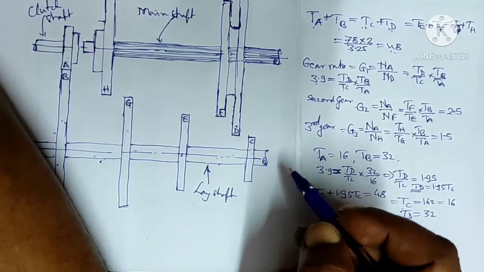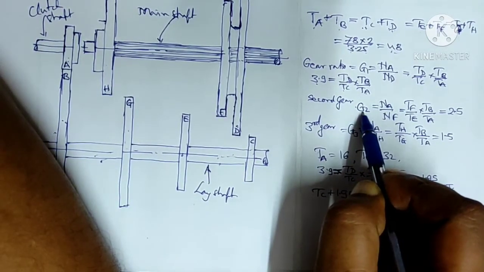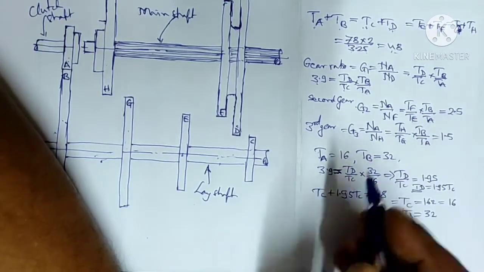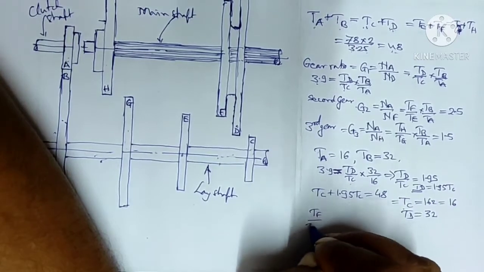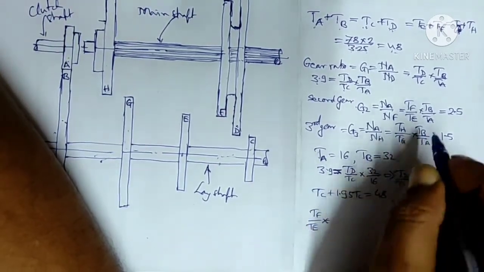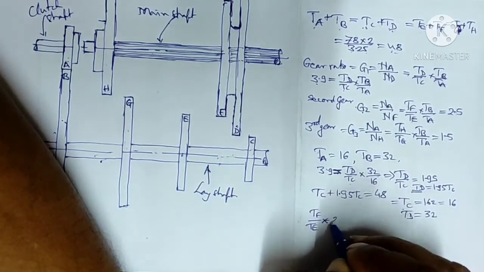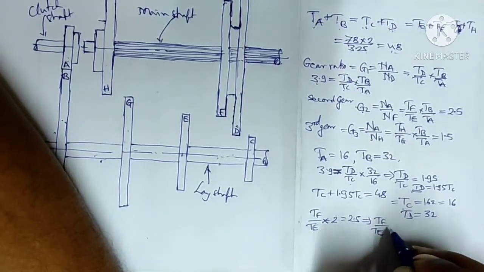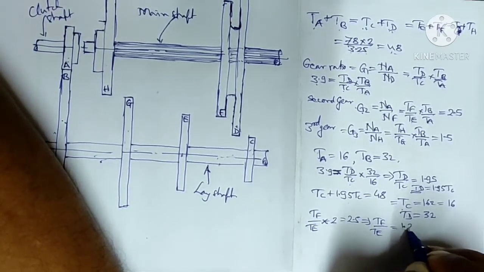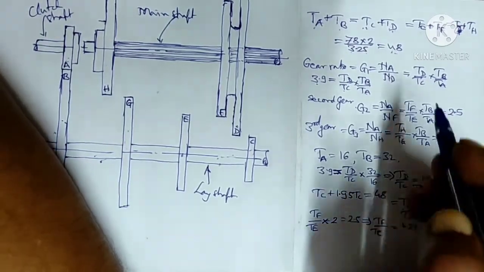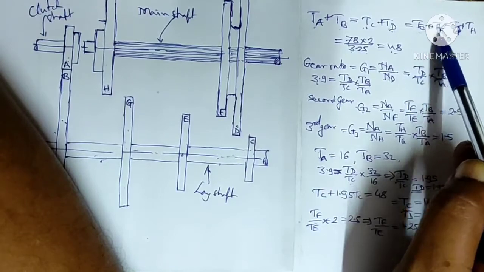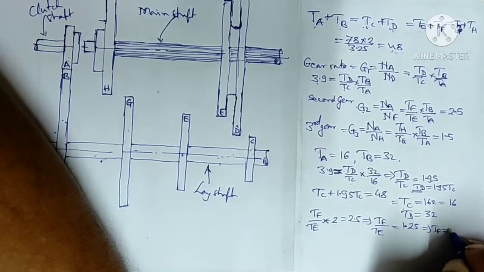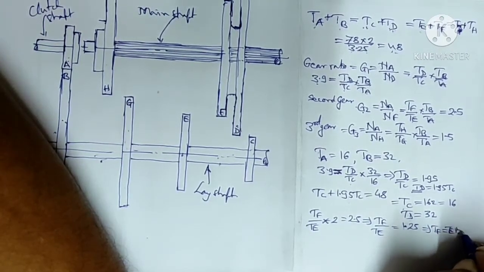Now from the third equation, that is G2 equals TF by TE into TB upon TA equals 2.5. We can write TF upon TE into TB upon TA, which is 2, equals 2.5. So we can write TF upon TE equals 1.25. Now from this equation, TE plus TF equals 48.